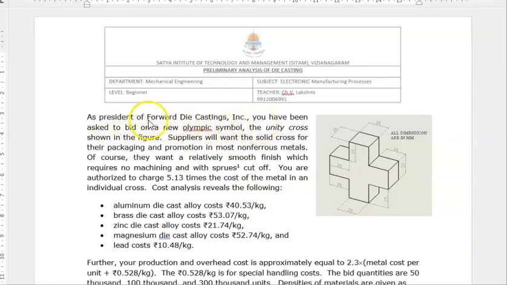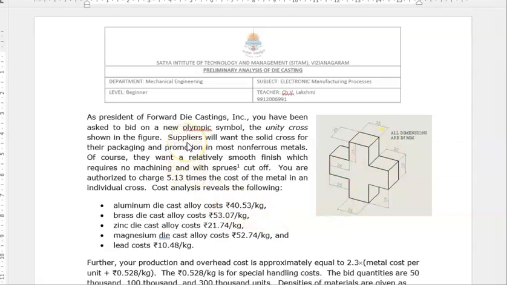As I said, the name of the company is Forward Die Casting, and as a president, you have been asked to bid on the Olympic symbol, the Unity cross shown in the figure. You have this Unity cross with various dimensions shown in there, and the supplier will want a solid cross.